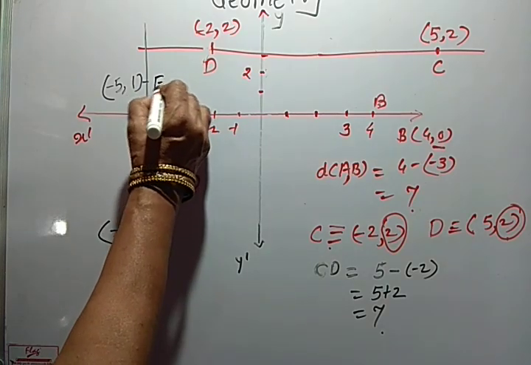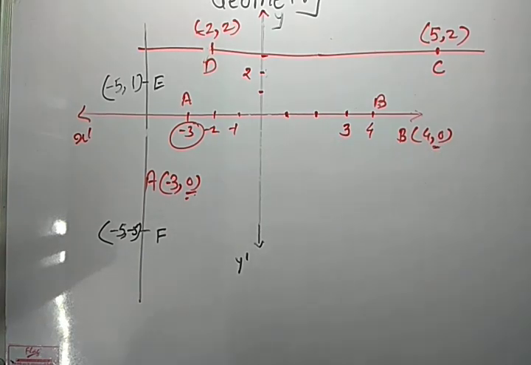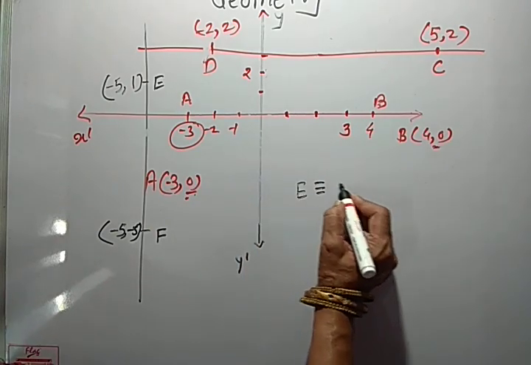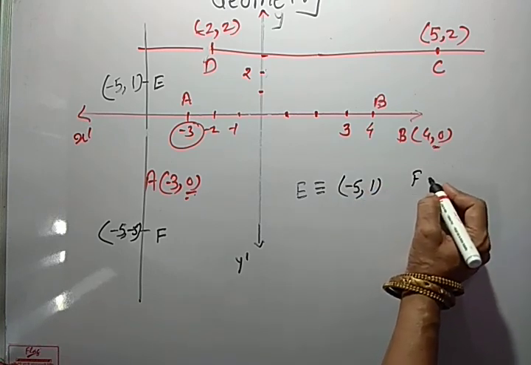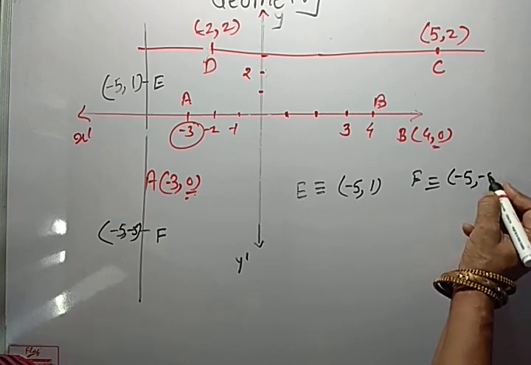It is E and it is F. Now observing point E, coordinates of E are -5, 1, and F is represented by -5, -5.